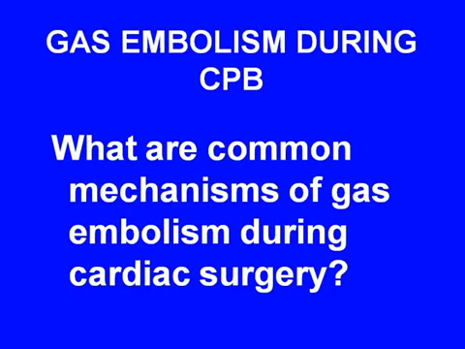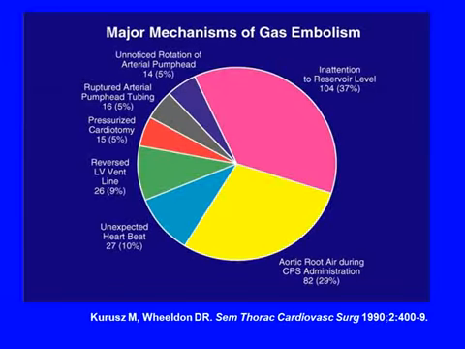So what are some common mechanisms of gas embolism during cardiac surgery? This pie chart shows information from our survey in the mid-1980s, and I would tell you that it is a bit dated, but I think that when one looks at the various ways air got into the patient, at least during that era when bubble oxygenators and membranes were used about 50% of the time each, these were the major mechanisms.